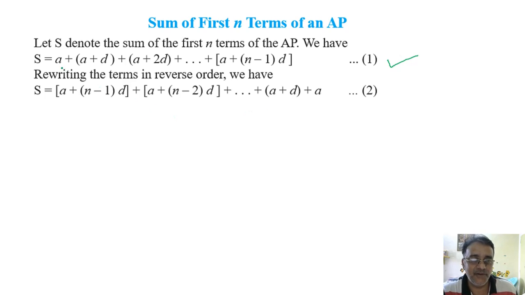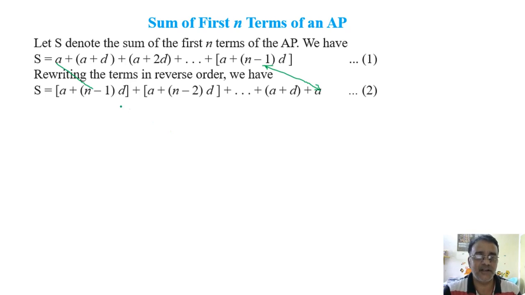Now what will we do? We will add the corresponding terms, first term with the first term, second term with the second term. We already did this in the regular class. This is only the revision. If we add all the corresponding terms, we will get 2A plus n minus 1 into D. Right?